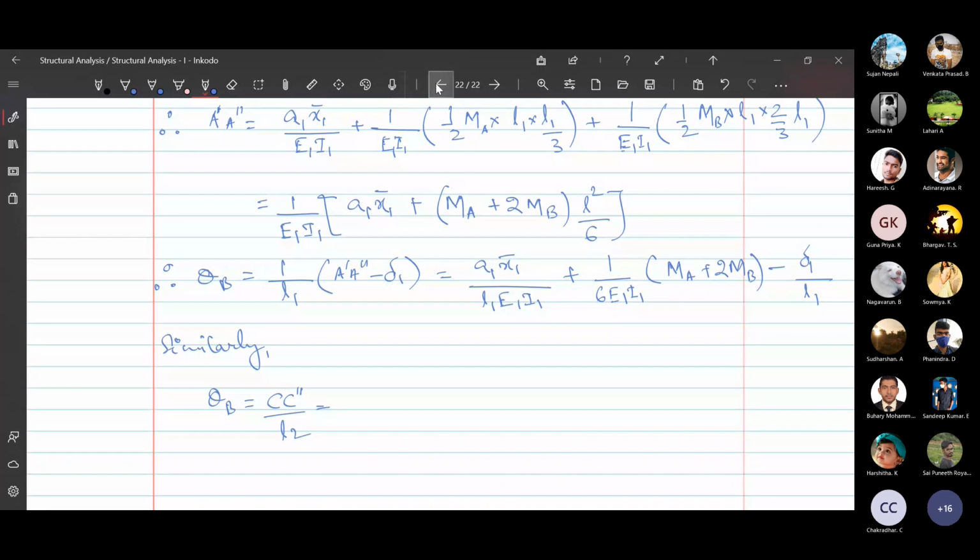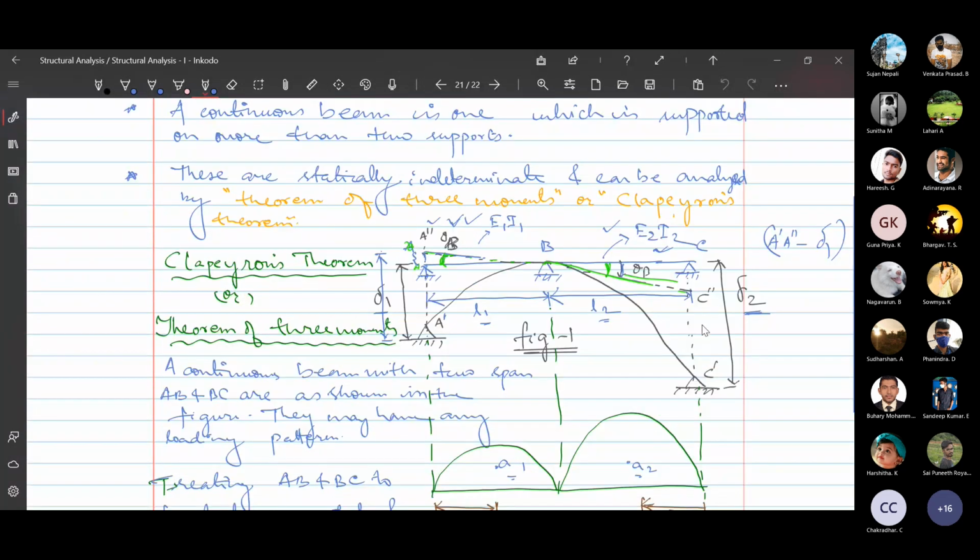Just like this one, this whole is C dash C. This whole is C dash C minus, or I can write it as delta 2 minus C dash C double dash.